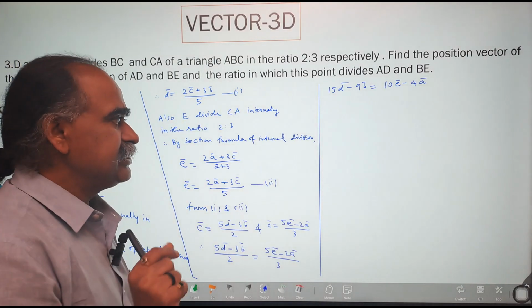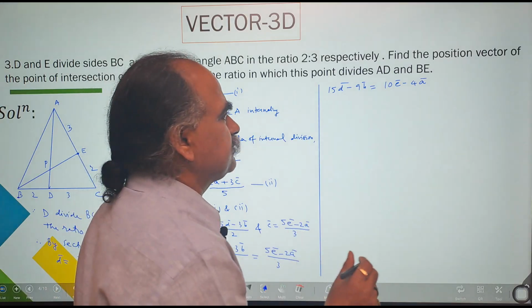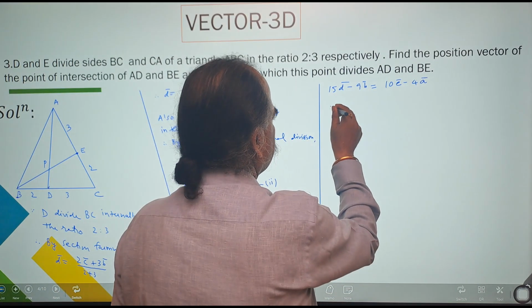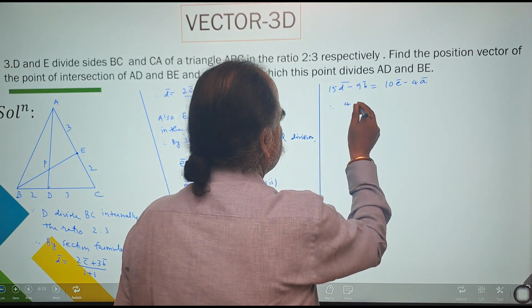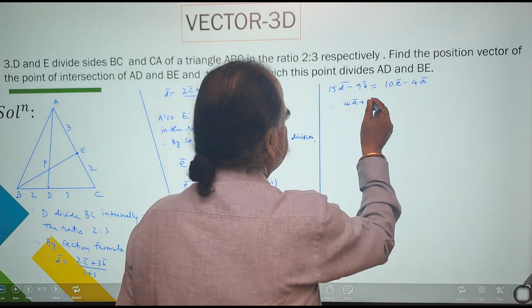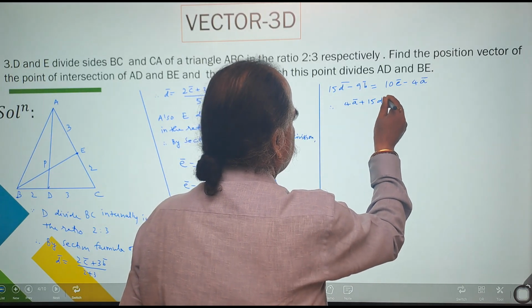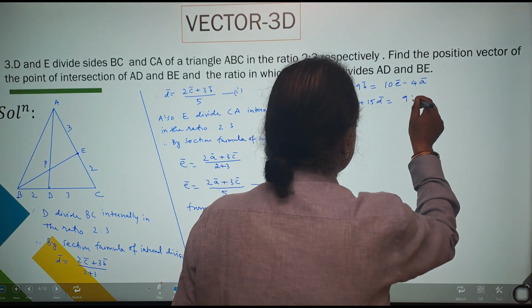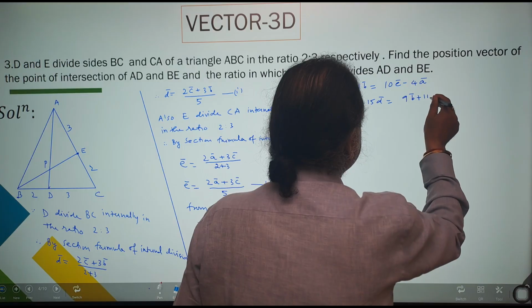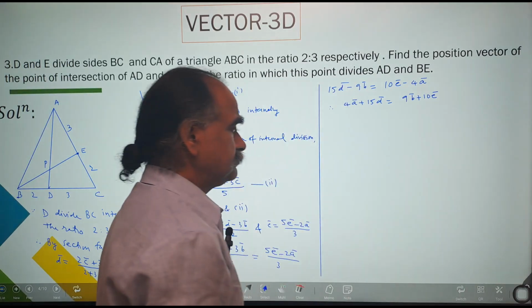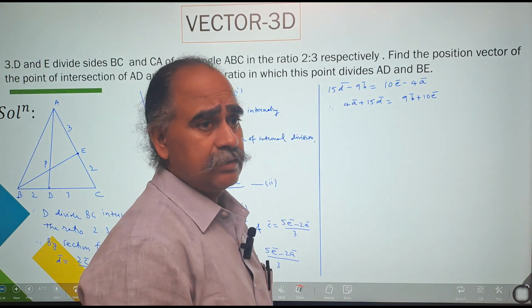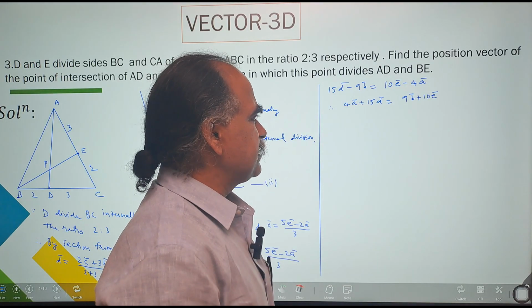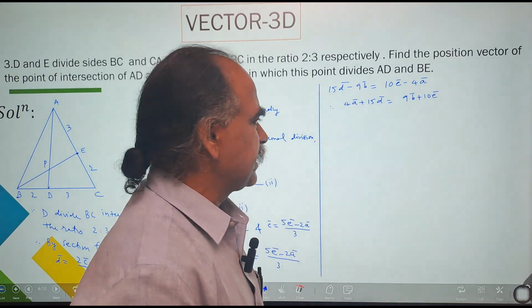This means A bar, D bar must be together. So 4A bar plus 15D bar, and 9B bar you transfer, so 9B bar plus 10E bar. 4 plus 15 is 19. 9 plus 10 is also 19.